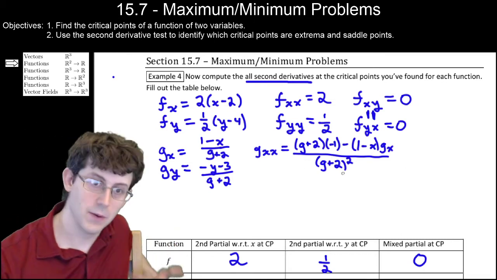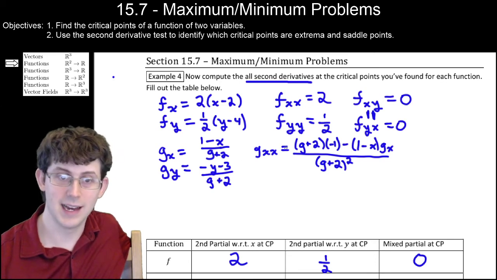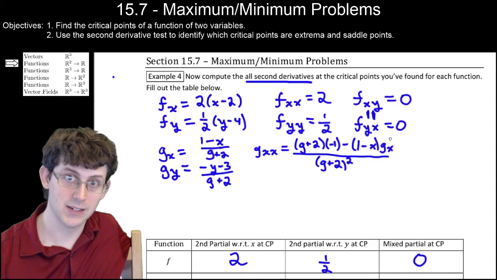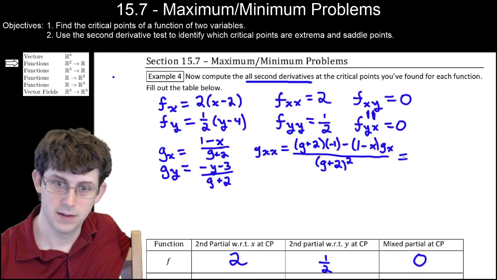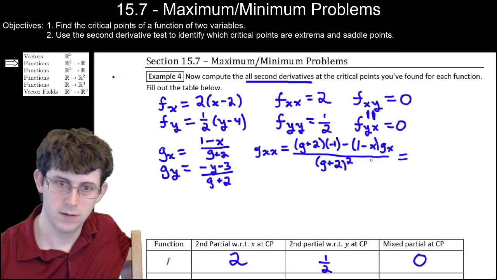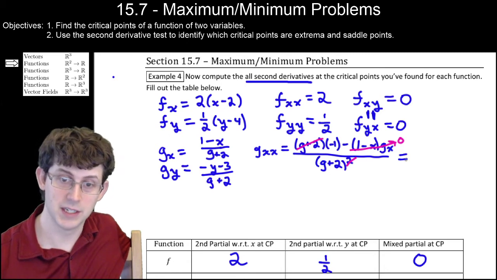Now, we want a number here, so I'm going to have to plug in the x and the y. We already know gx equals 0 at the critical point, so this part is gone. I can cancel a g plus 2 with another g plus 2, so I get minus 1 over g plus 2.